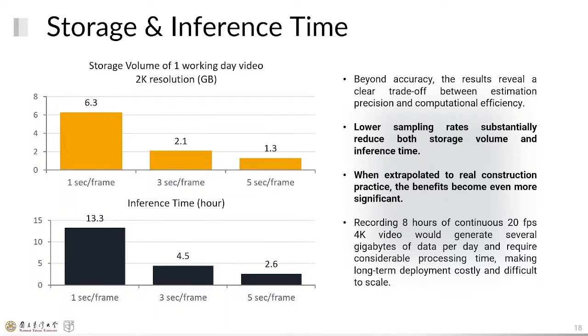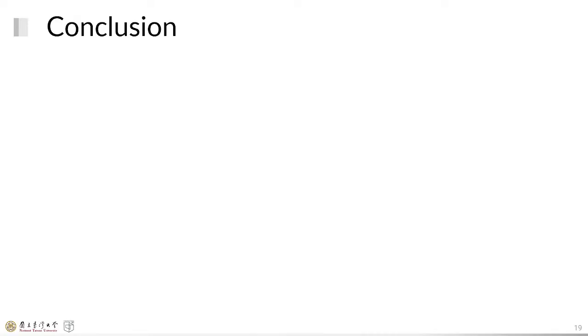The inference time for the videos at 1 second per frame is around 30 hours, and if we downgrade it to 3 seconds, it will be 1/3, 45 hours only.